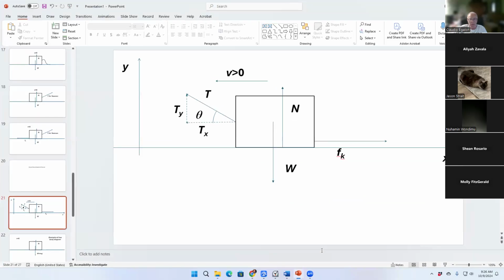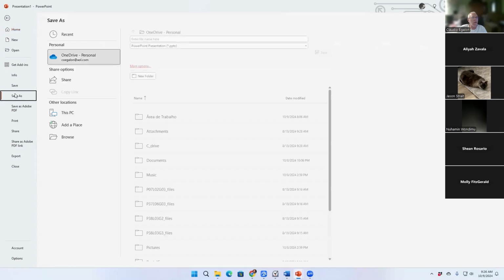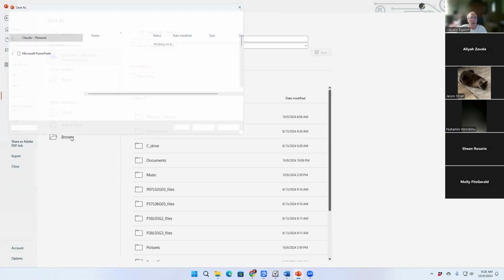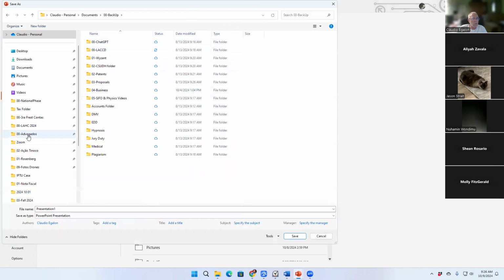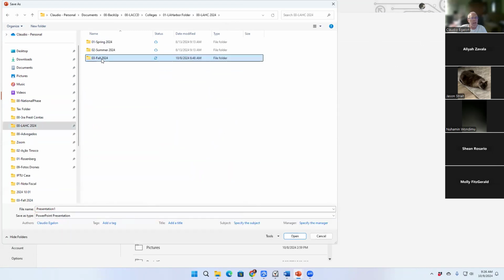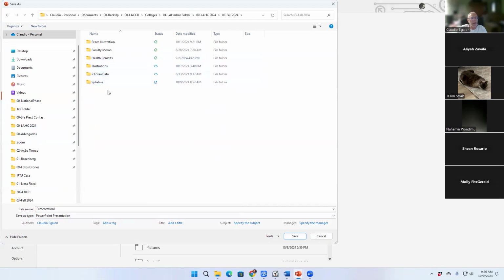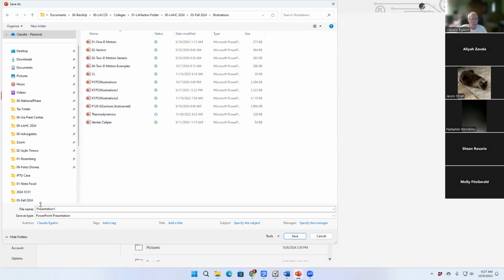And I also must save my presentation here. Save, browse. Navigating in my computer. Illustration.